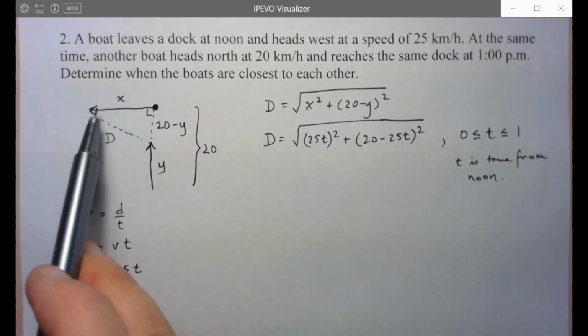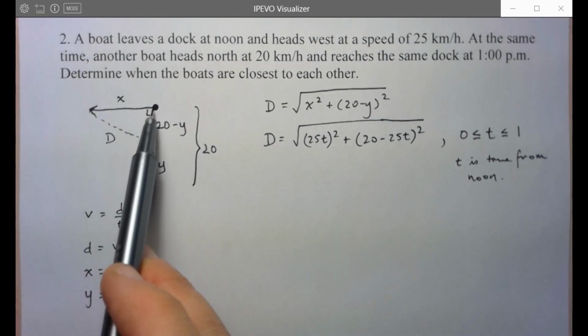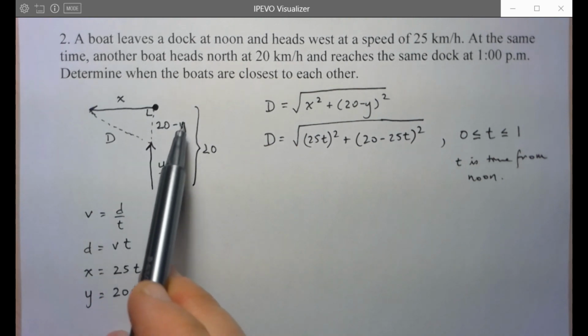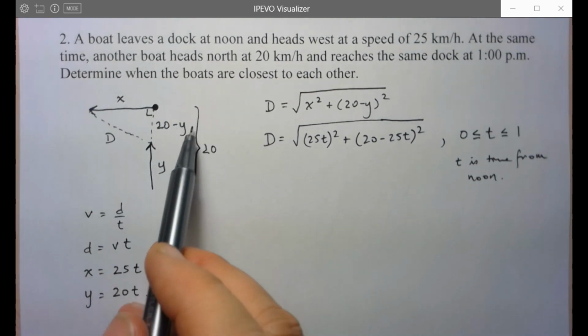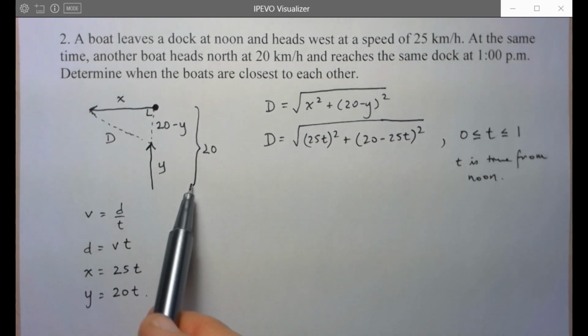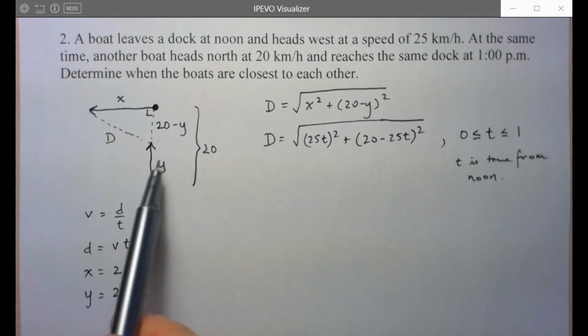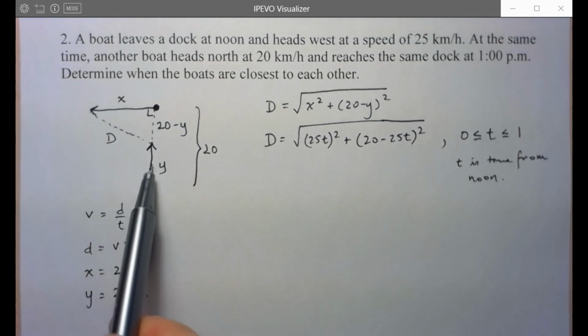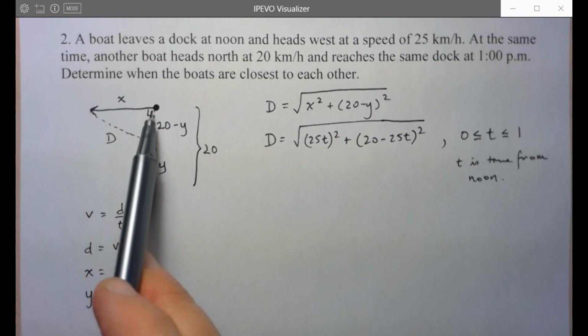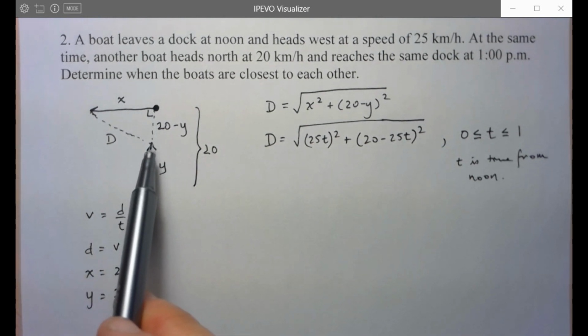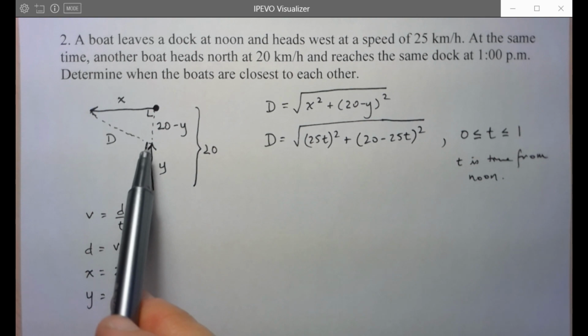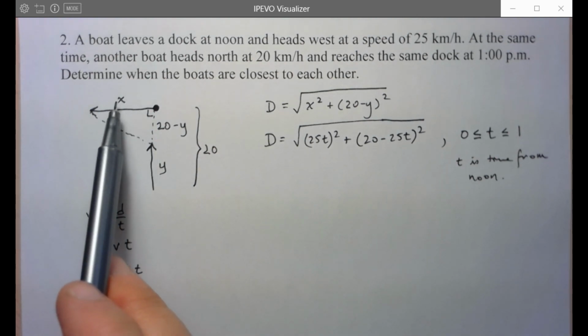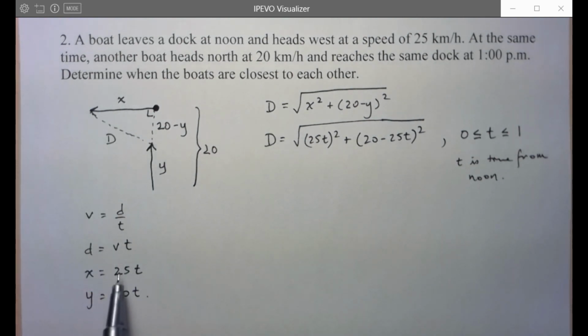But the trick was that only one side was given by the distance traveled by the boat. I had to interpret an equation for that other side. It turned out to be the total distance of 20 that boat 2 travels from 12 to 1, and then I subtracted what the boat actually traveled. This is 20 minus y. Then, assuming that the speed was constant, we were able to write both x and y in terms of the given speeds as 25t and 20t.